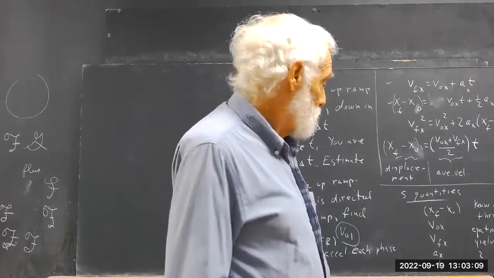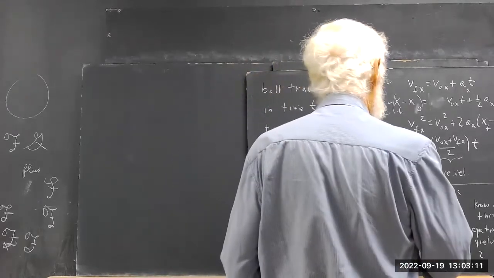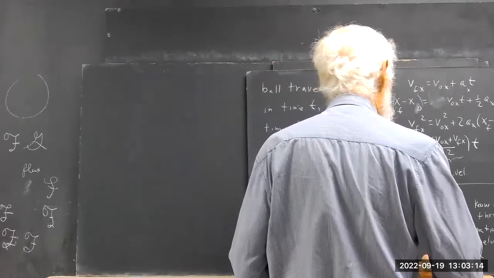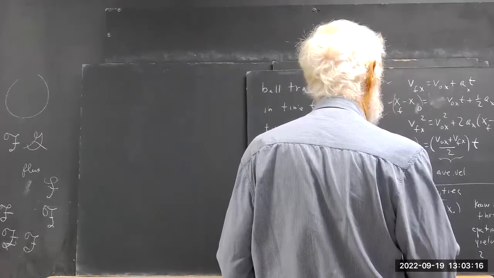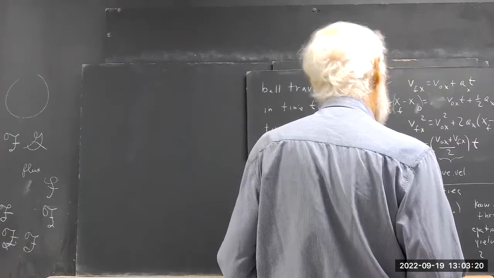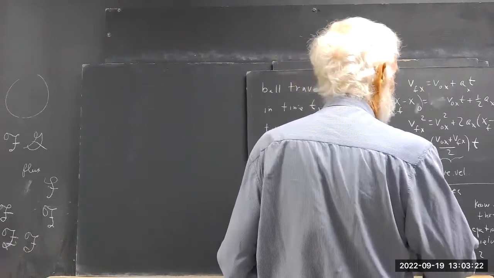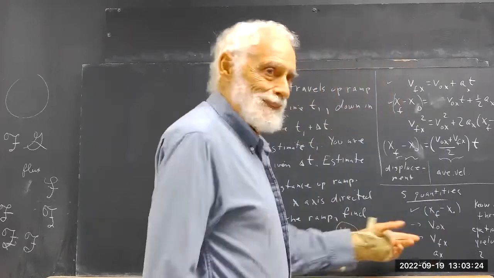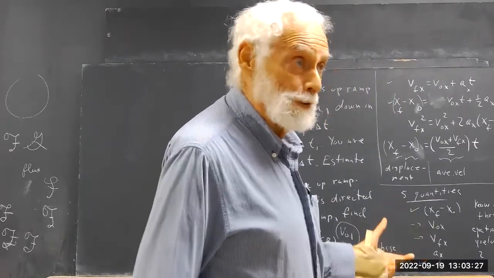So in all cases, we know this and we know this. In one case, we know this, in one case, we know this. What we don't know is whichever one of these isn't zero.